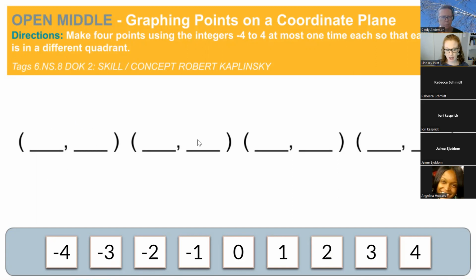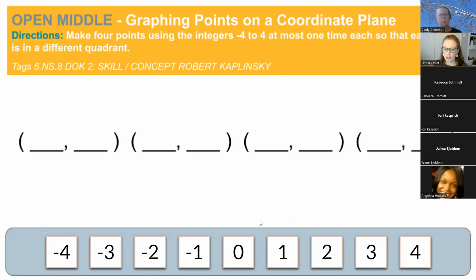And then there's space for 4 different points. There's numbers down here. I made screenshots of these, but these are actually Google Slides that you can download for free, and these are movable. So students could do this for digital literacy practice as well as thinking through a math problem.